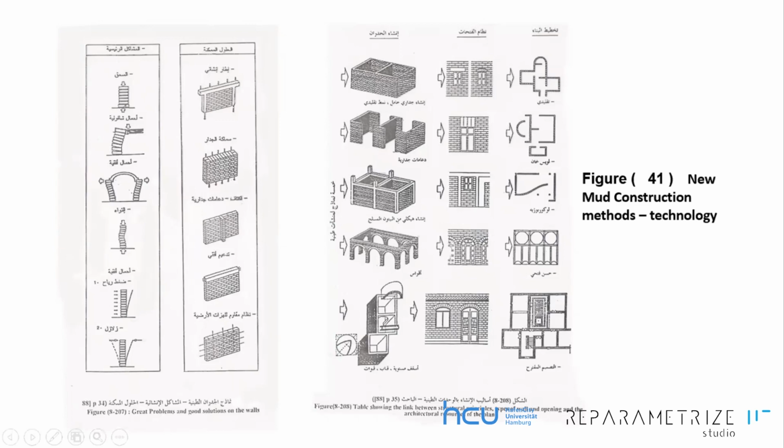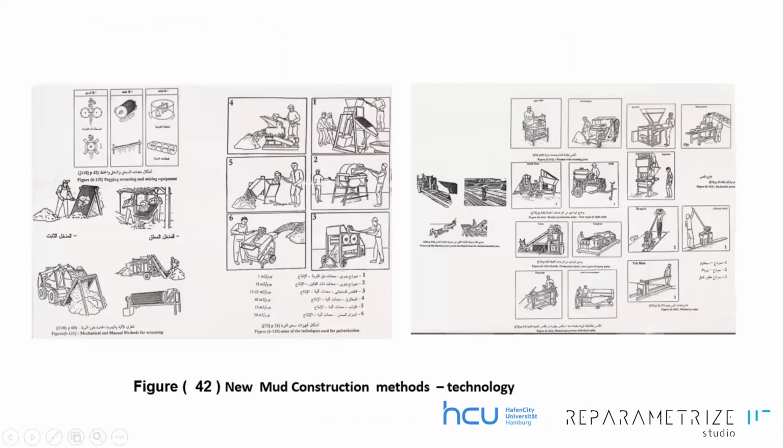So we can use a mechanical way of producing adobe to make it strong and to give it to the people at a cheaper cost.